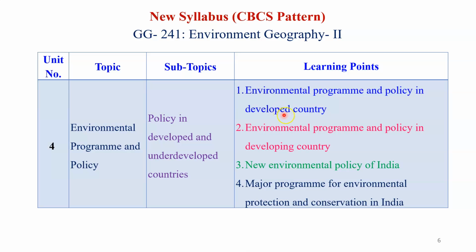Especially I am talking about the United Nations Environment Programme and Initiative, the Stockholm Conference of 1972, the World Summit on Sustainable Development of Johannesburg 2002, the Sustainable Development Summit of New York 2002, and a number of other summits and conferences. In those conferences, rules, regulations and various acts were made that could be useful at the international level to protect the environment. So this learning point is very useful, and we will discuss it in the chapter.